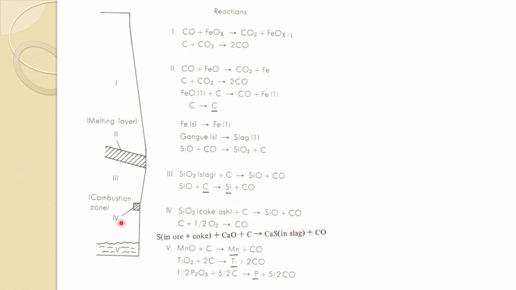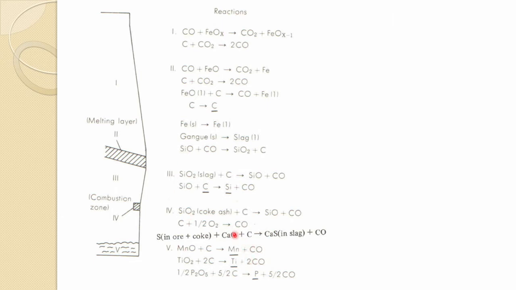And in the hearth region, manganese oxide can react with carbon, and manganese can go into liquid iron. Similarly, if there is titanium, that can also reduce and go to the liquid iron, and the phosphorus also goes to liquid iron. So, these are the important reactions which occur in the lower part of the blast furnace.